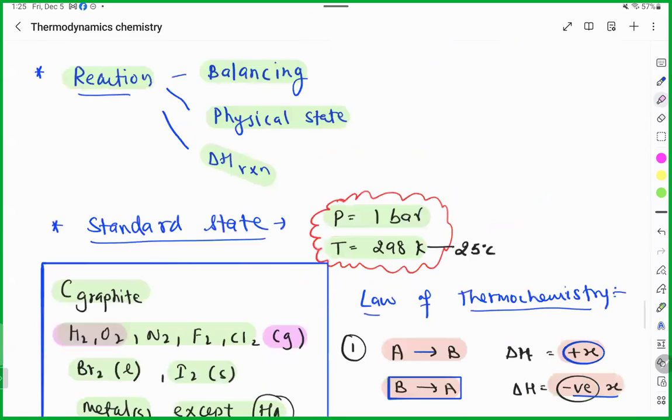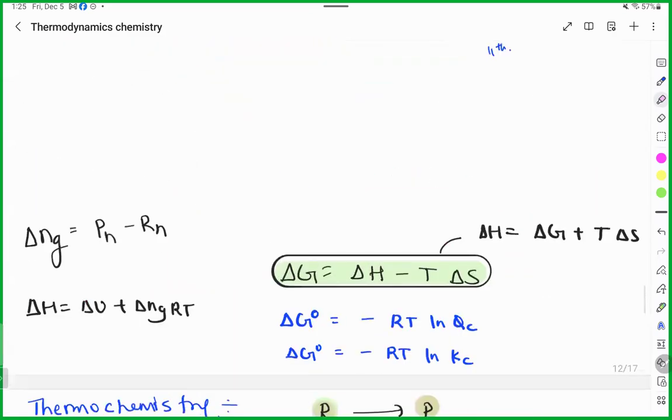For example, when you write here, you have delta G, the free energy. One is delta G naught, the free energy in the standard state. Guys, you must have read in electrochemistry that there is a molar conductivity, and there is a molar conductivity in the standard state, maximum. Do you remember?